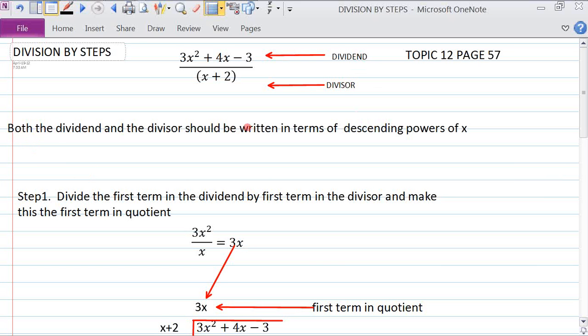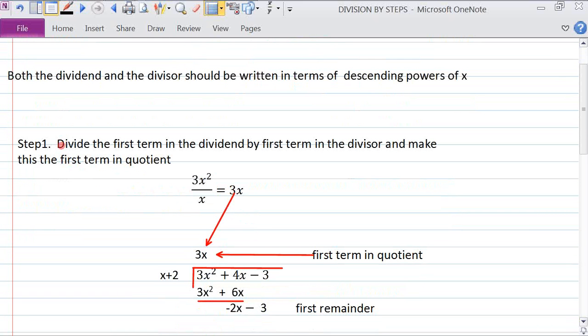Both the dividend and divisor should be written in descending powers of x, which means you have an x squared term here, an x to the power 1 here, even though it's not written, and here you have minus 3 times x to the 0, because x to the 0 is 1, so we have powers of 2, 1, and 0. And over here in the divisor, this is x to the power 1. So both should be written in terms of descending powers of x.